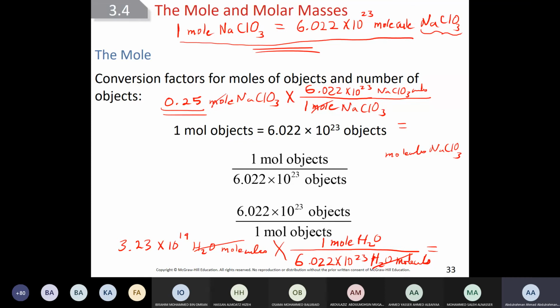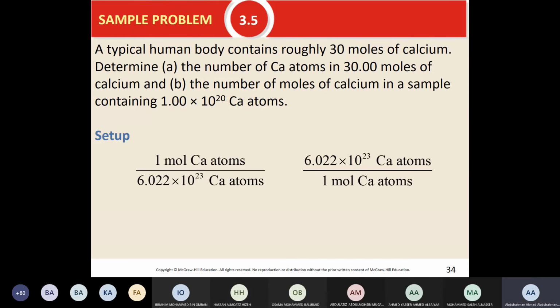Can you change from numbers to moles and from moles to numbers? Yes. Very good. Okay, in our body there are 30 moles of calcium.